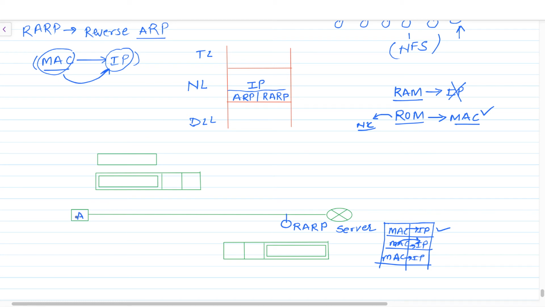Suppose this is the source having physical layer, data link layer, network layer, transport layer. As RARP belongs to the network layer only, in order to get the IP address from its MAC, this RARP request will be prepared by this network layer.